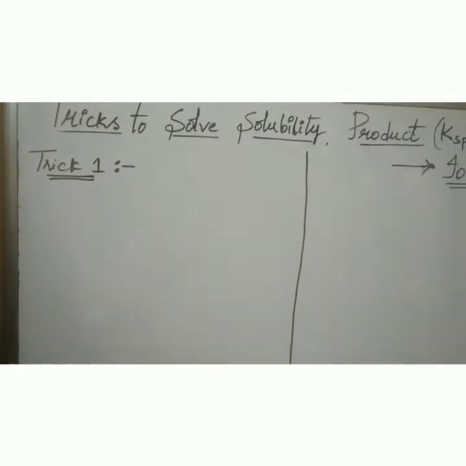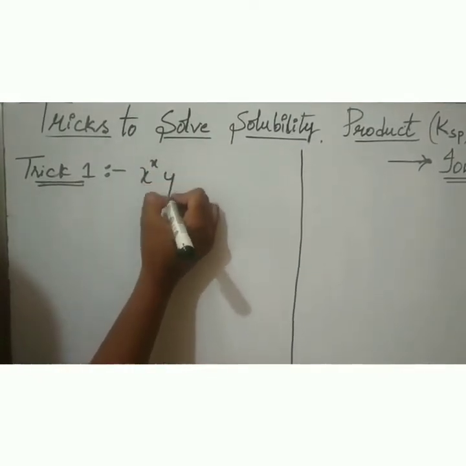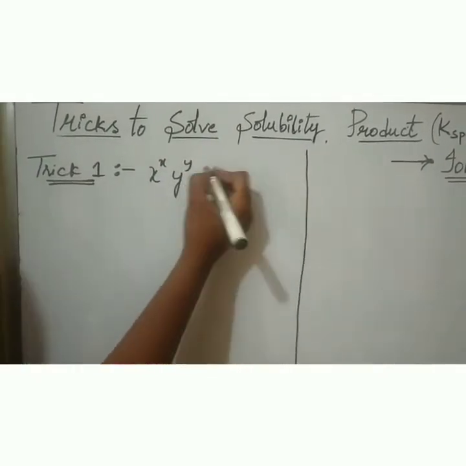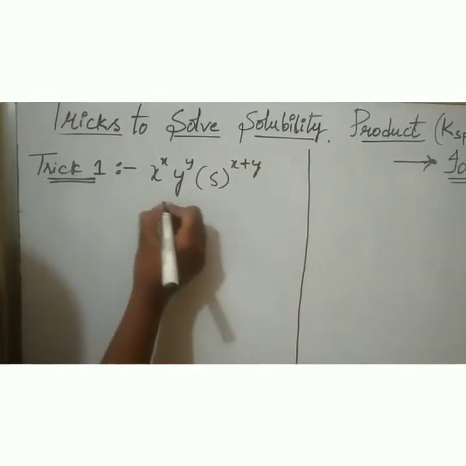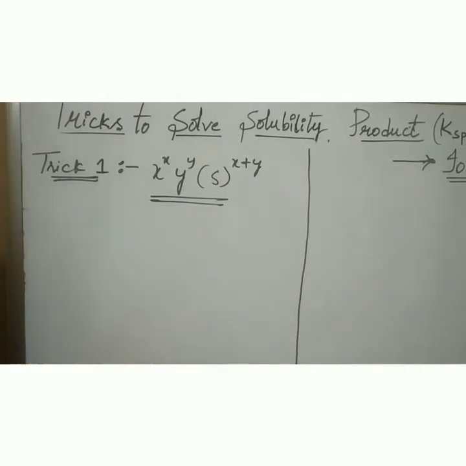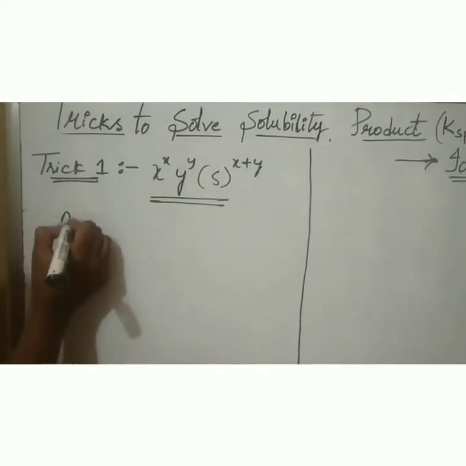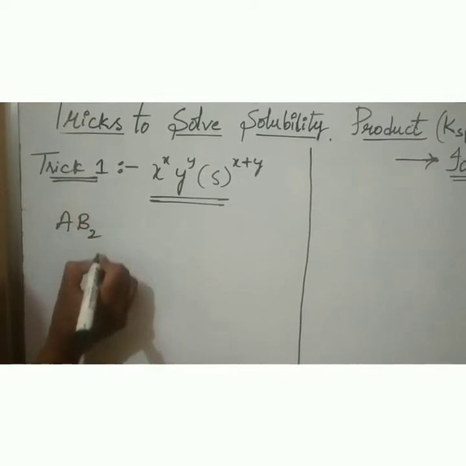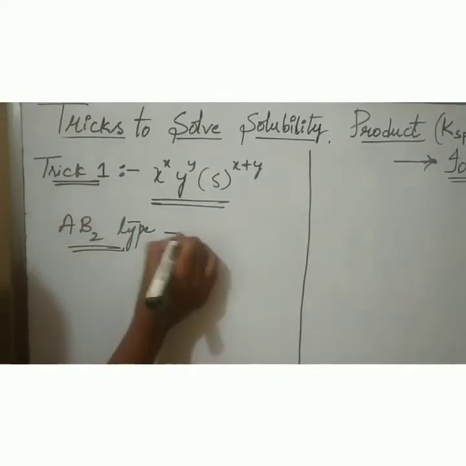Trick 1. If the salt is given in the form of AB2 type, the solubility product is x raised to x, y raised to y, into s raised to x plus y.